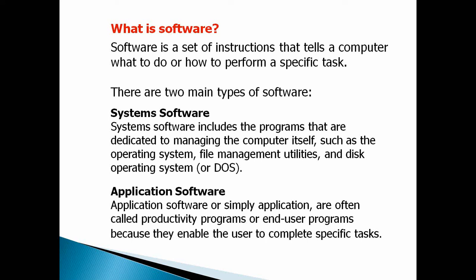The first one is system software. System software include the programs that are dedicated to managing the computer itself, such as operating system, file management utilities, and disk operating system. The operating system manages the computer hardware resources in addition to applications and data. So this is the definition of system software.